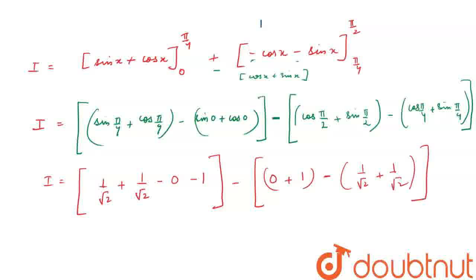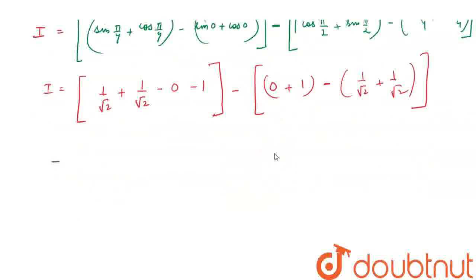Solving this further, we get I equals 2 by root 2 minus 1, minus, and here we have 1 minus 2 by root 2.